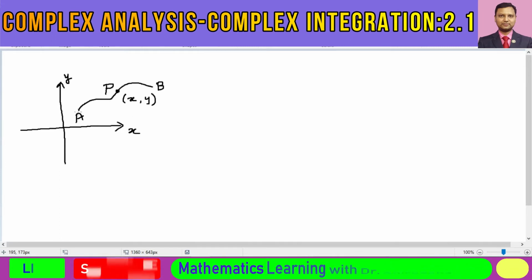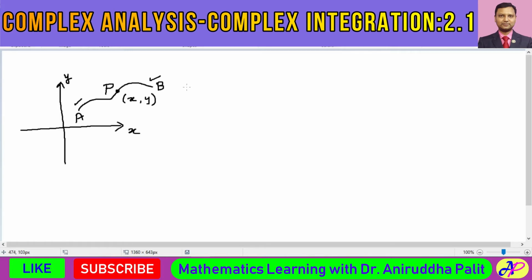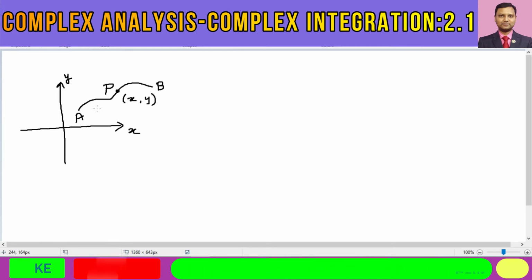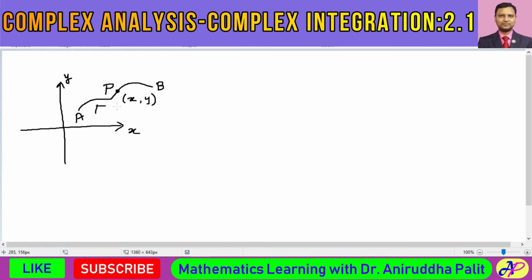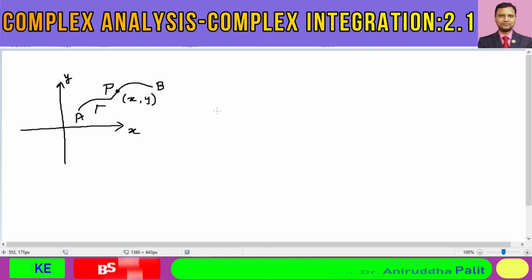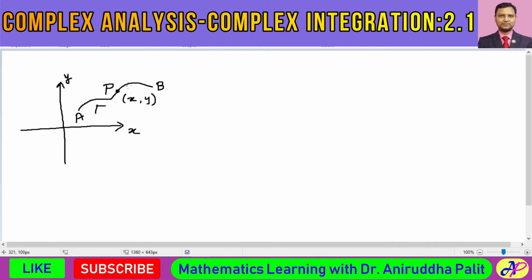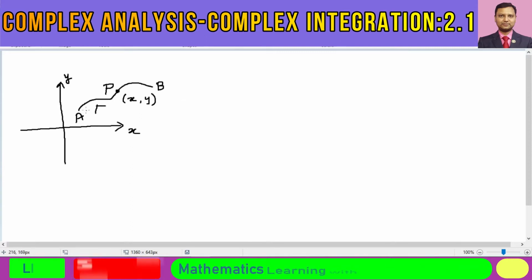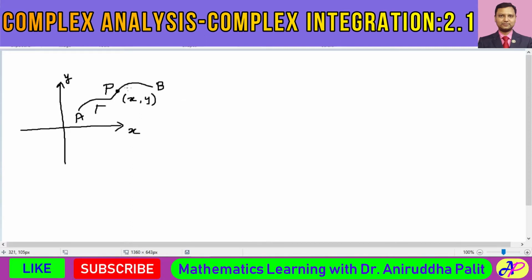Suppose the point P is changing its position starting from this initial point A and moving towards the point B along this curve. Let us call this curve the gamma curve. From A to B, the point P is following this curve. This is the curve gamma. Now in that case, the coordinates of this point P would change.